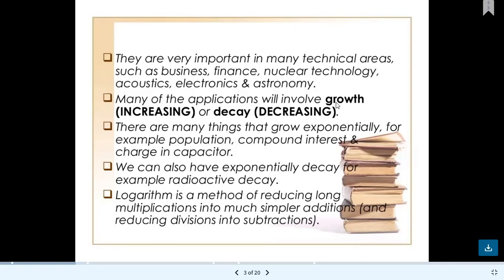Grade 12 pa yun. Okay, so, there are many things that grow exponentially. For example, population, compound interest, and charge in capacitor. So, syempre, dahil ABM tayo, mag-focus lang tayo sa compound interest, sa mga interest, utang. Hindi pa din tayo magpa-utang ng walang interest kasi nagbabago ang value ng pera. Nide-depreciate ang pera.